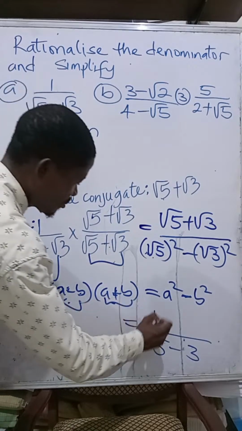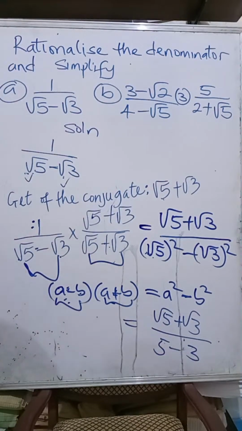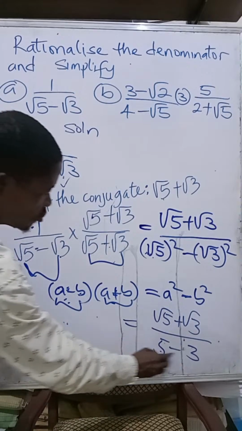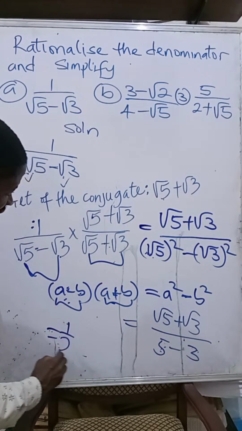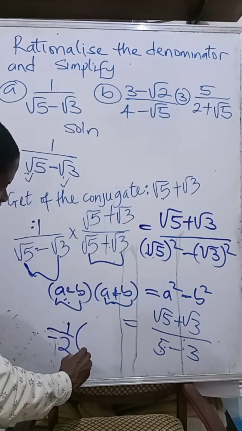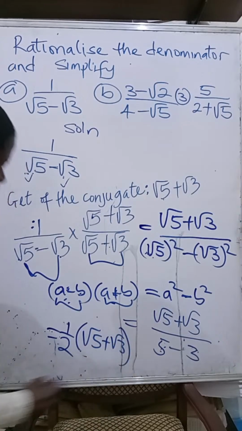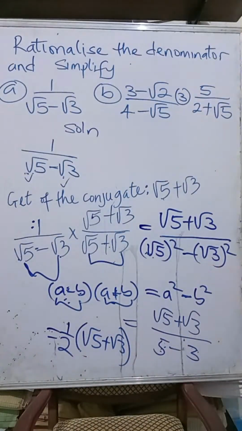So root 5 plus root 3, that's what we have in that place. The final conclusion will be equal to, this 5 minus 3 is 2. So we can write it as 1 over 2 into brackets, root 5 plus root 3. And that is your answer for that one.